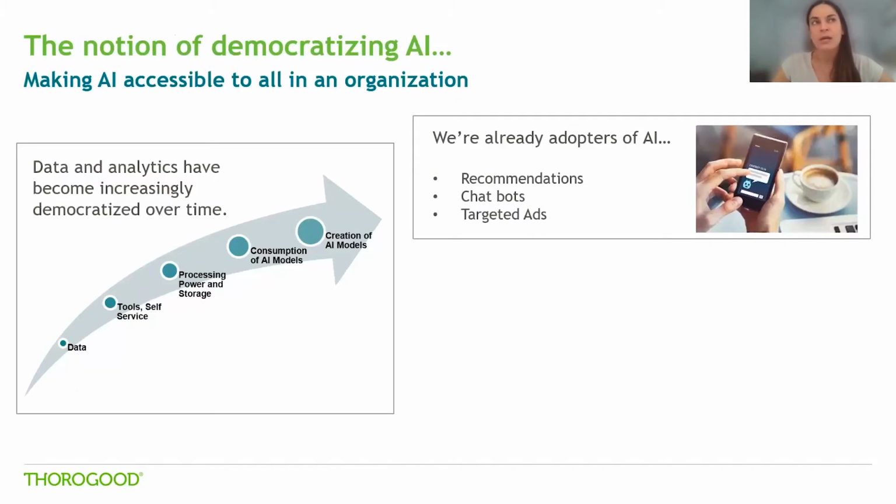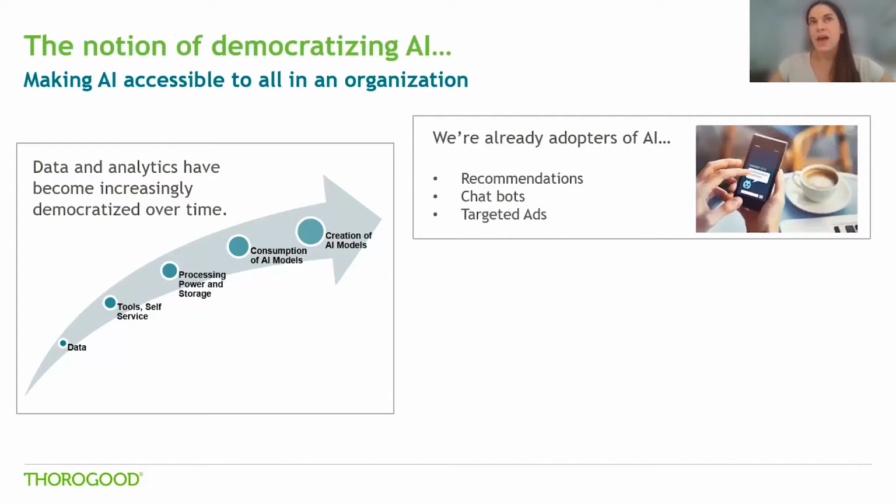I think I read recently that 75% of all shows watched on Netflix actually come from the recommendations that their algorithm proposes. So people are finding and discovering content that's useful for them, that is tailored to their interests. We're used to interacting with chatbots. So the first line of customer service in many instances is to type a couple sentences into a bot and see how far we can get.